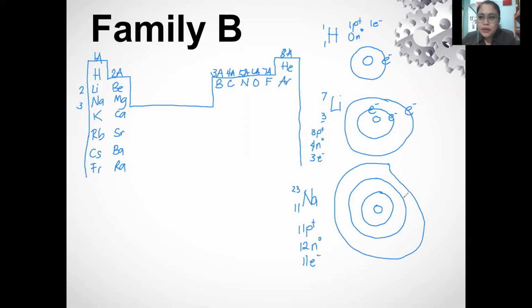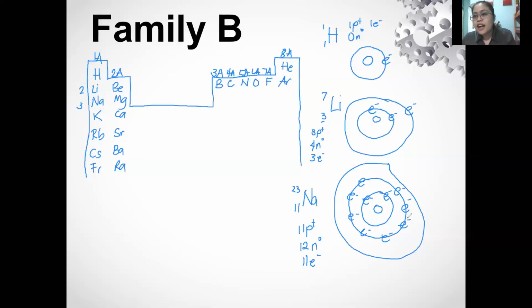Now, let's distribute. Let's look at the valence electron of sodium. Again, on the first shell, it can only accommodate 2. So we have 1, and then 2. And then on the succeeding shells, from the second up to the last shell, it can accommodate 8 electrons. So let's draw. We have 1, 2, 3, 4, 5, 6, 7, and then 8.